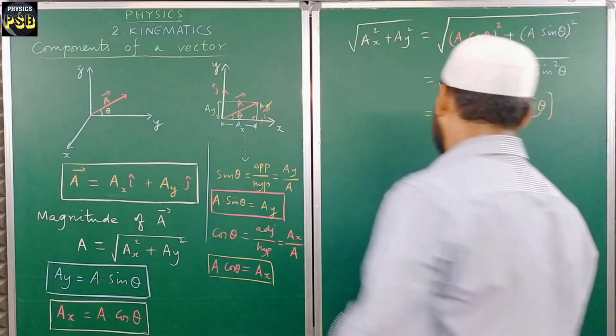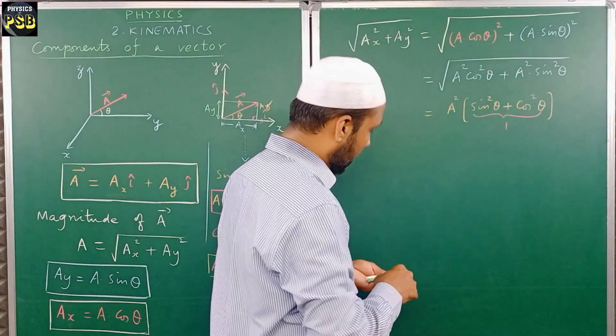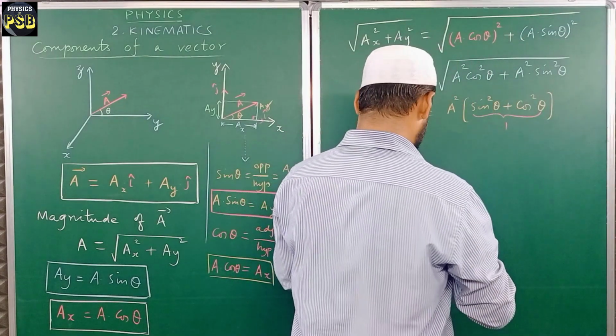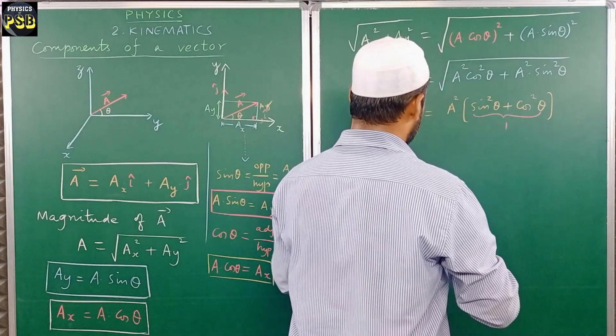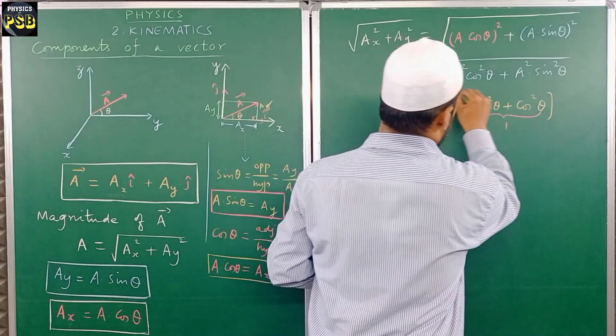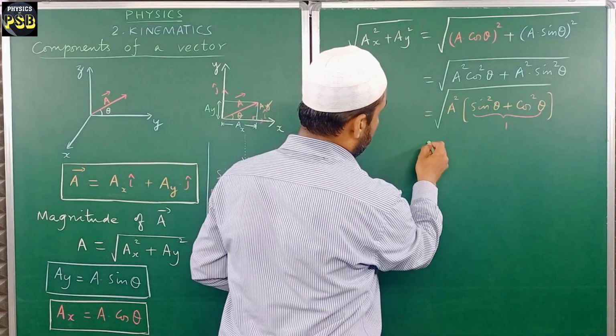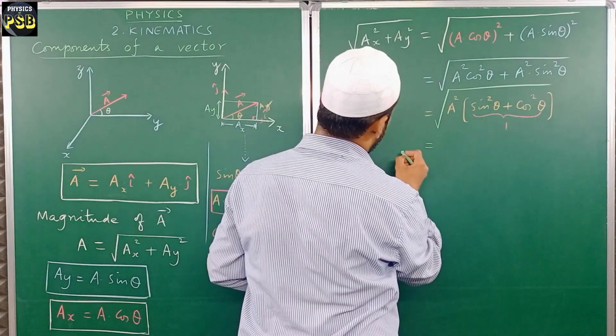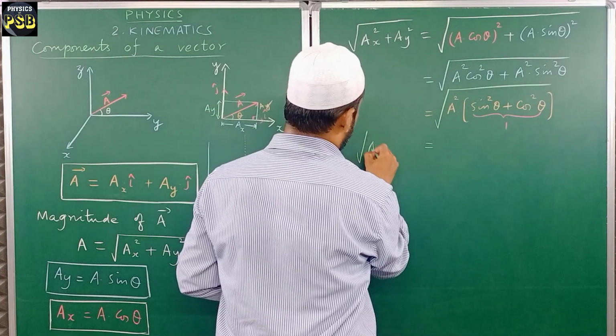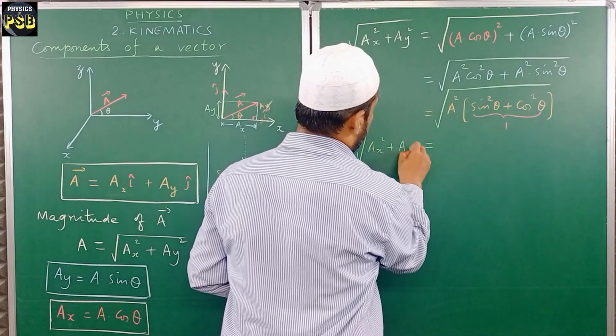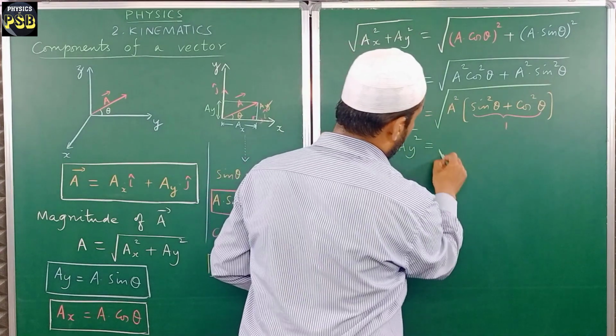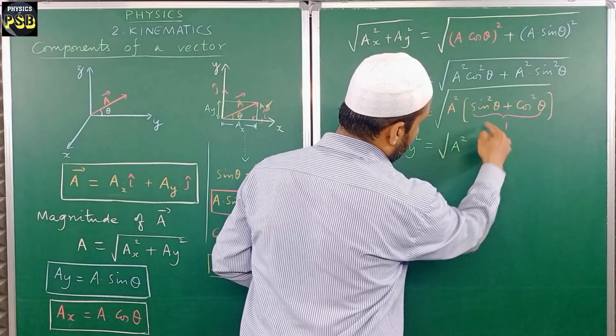So what I have left here, the square root is missing. The next step: root of AX square plus AY square equals root of A square multiplied with 1.